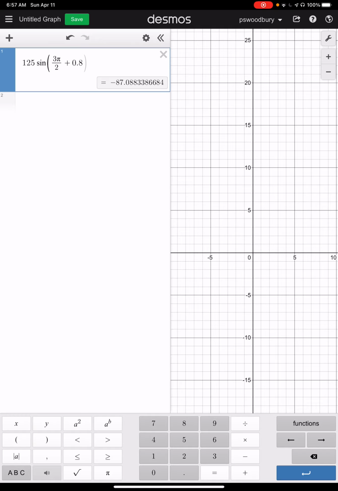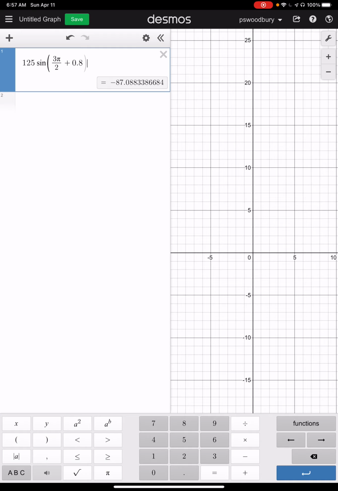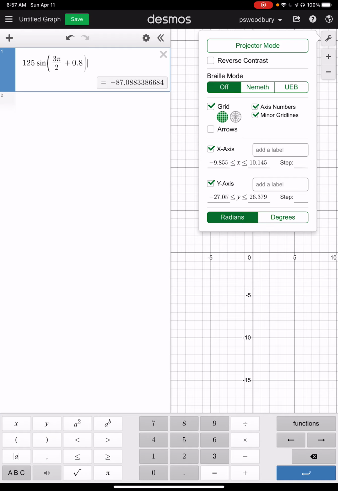And so if I come over here, that's how you change it on Desmos, you click on that wrench, and down here at the bottom you see, oh yes, I am in radian mode, which is what I want because I'm using radians. I didn't convert to degrees.